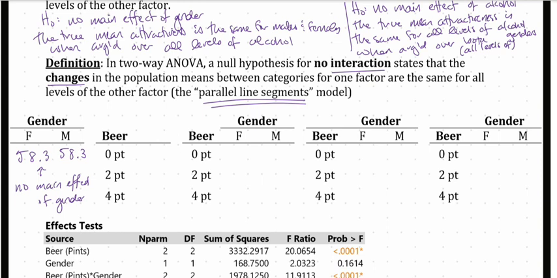So taking gender out of the equation, we're going to have the same average response for all three levels of beer. So that would be 38.9, 38.9, 38.9. On average, you're going to have the same perceived attractiveness regardless of the amount of beer you drink. So this would be no main effect for alcohol.